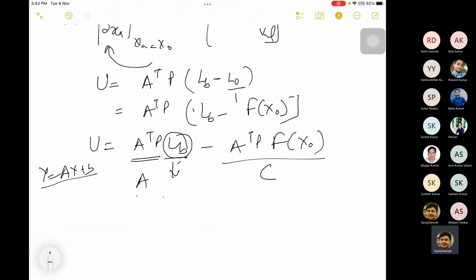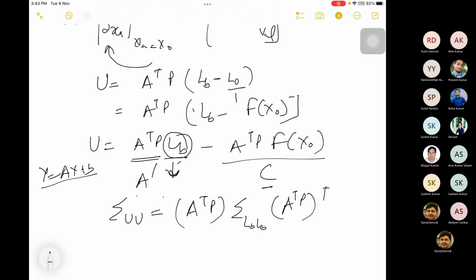So this is your A dash, this is representing x, and this is c. So now you'll write sigma uu as A, which is your this sigma Lb A transpose, isn't it?